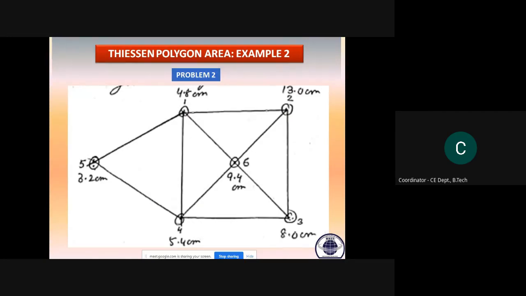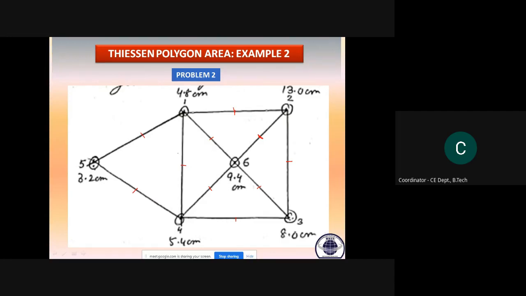As I said, first join this line. I have joined this line. We can join this line. Now draw perpendicular bisectors. So let us draw perpendicular bisectors. Suppose this one is the perpendicular bisector point. This is the perpendicular bisector point for this line. For this line, this is that. For this line, this one, this one, this one, and this one. Now let us join all these perpendicular bisectors.